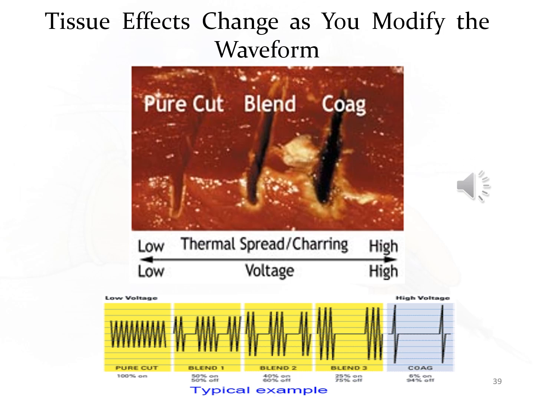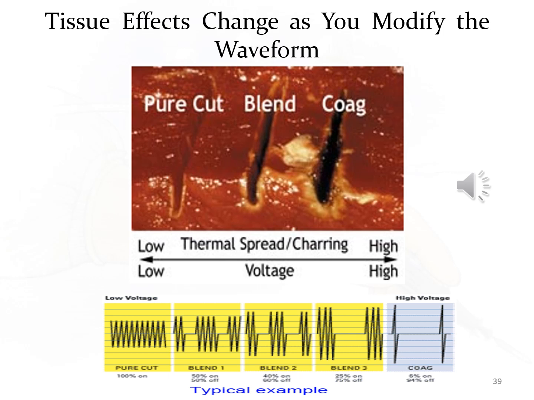Using an intermittent waveform like coagulation causes the generator to modify the waveform so that the duty cycle or on time is reduced. This interrupted waveform will produce less heat, and a coagulum is produced.